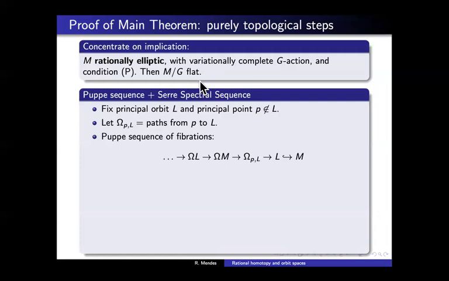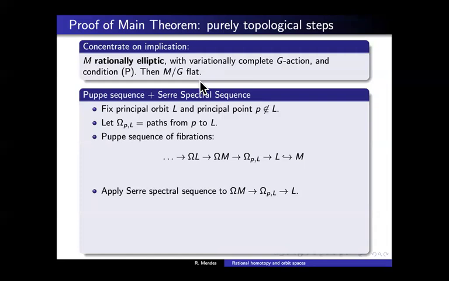That sequence goes on indefinitely to the left, and what you see is just iterated loop spaces. The next one would be the loop space of ΩPL, then the double loop space of M, then the double loop space of L, and so on. We have the whole sequence, but we're only going to look at the part from ΩPL to L as a fibration with fiber ΩM.